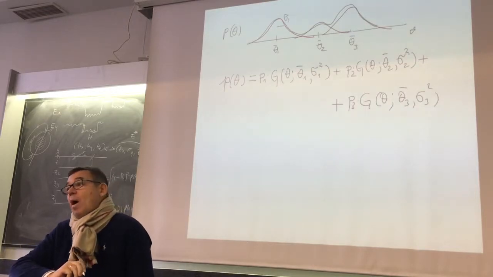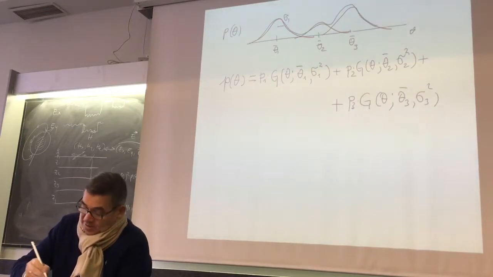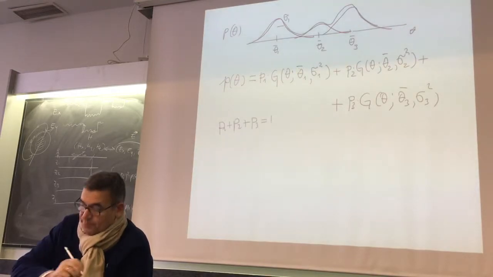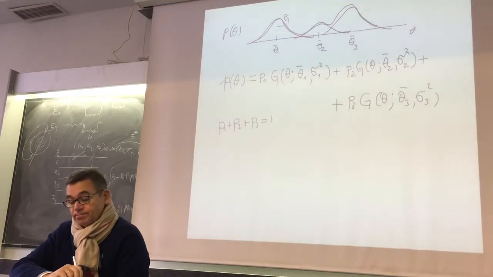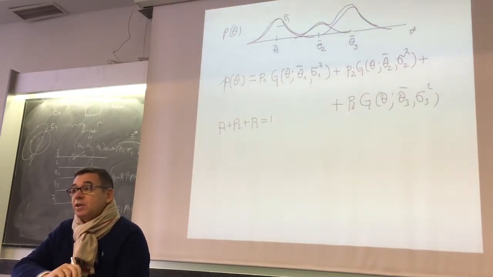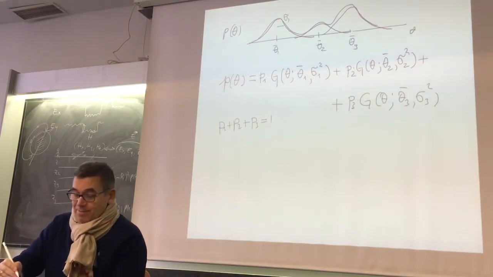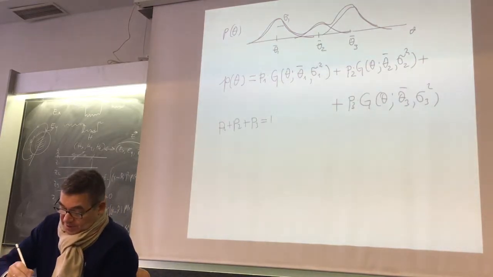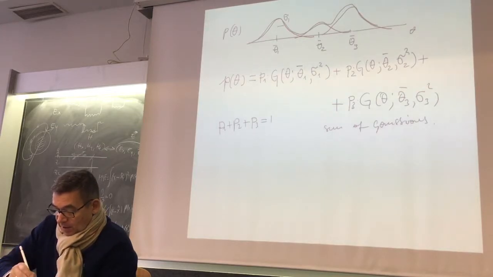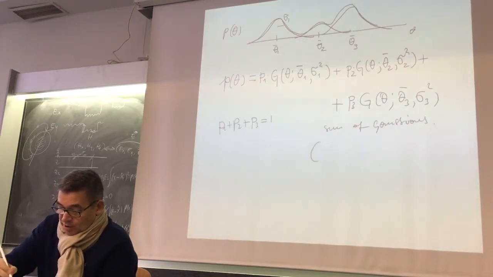Now this P1, P2, P3 is made in such a way that P1 plus P2 plus P3 is equal to 1. Okay? So in this way, I can model a non-Gaussian as a sum of Gaussians. Okay? Now, this is the model for this.